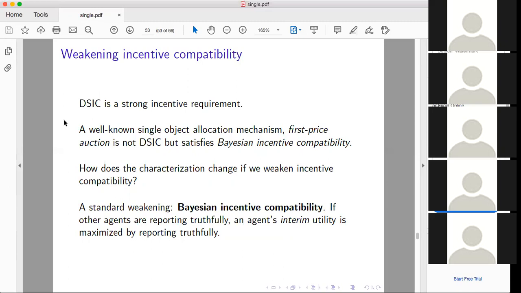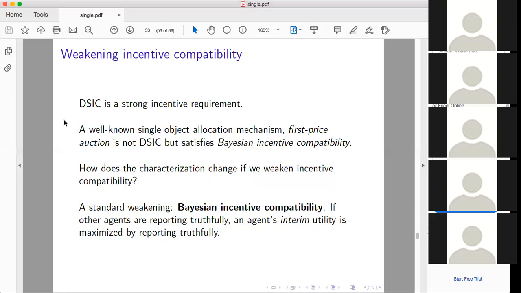And the weaker notion is what is called the Bayes-Nash equilibrium, the generalization of Nash equilibrium to Bayesian games, where if others are following a particular strategy, then my expected utility is maximized by following a particular strategy.